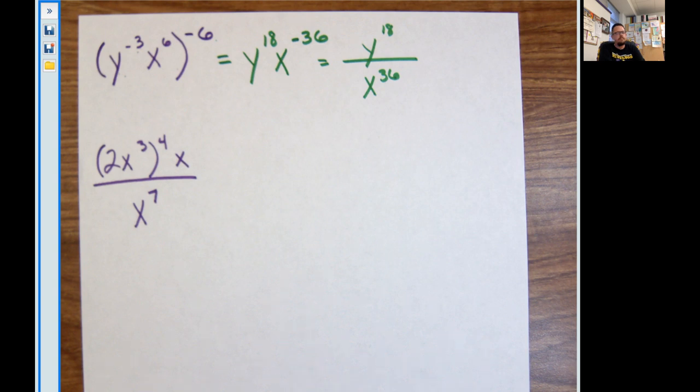Now what? Why do you do that? Why do you keep adding the exponents? Are you trying to hurt my feelings?